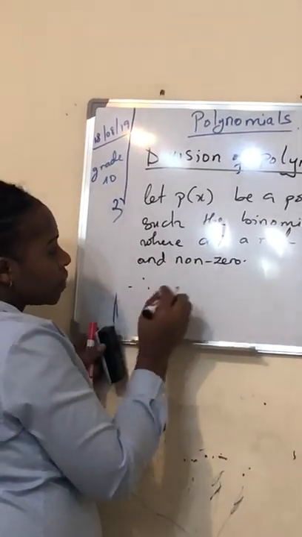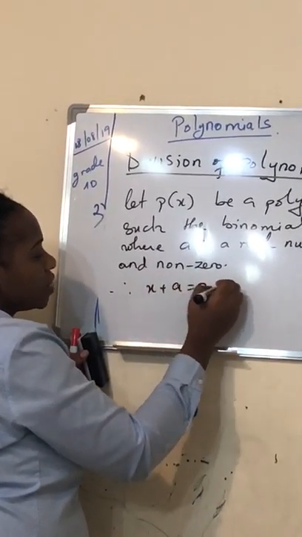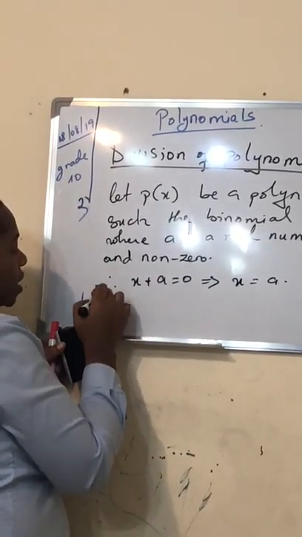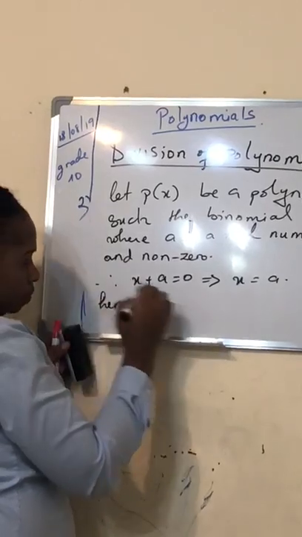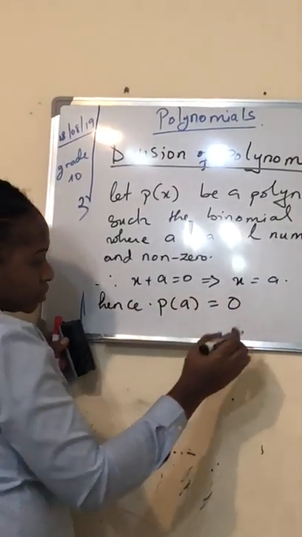Therefore, x plus a is equal to 0 implies x is equal to a. Hence, p of a should be equal to 0.